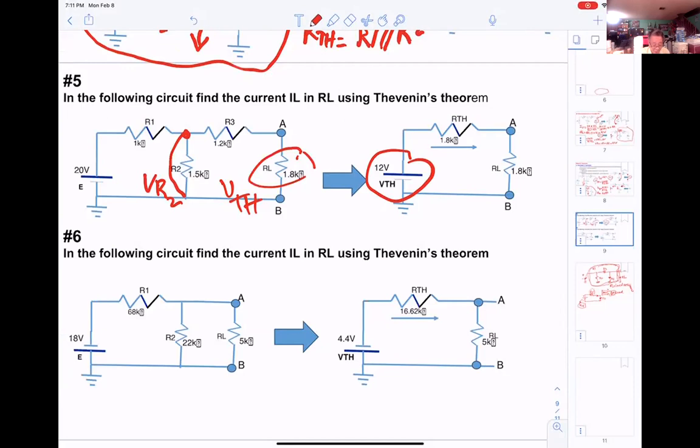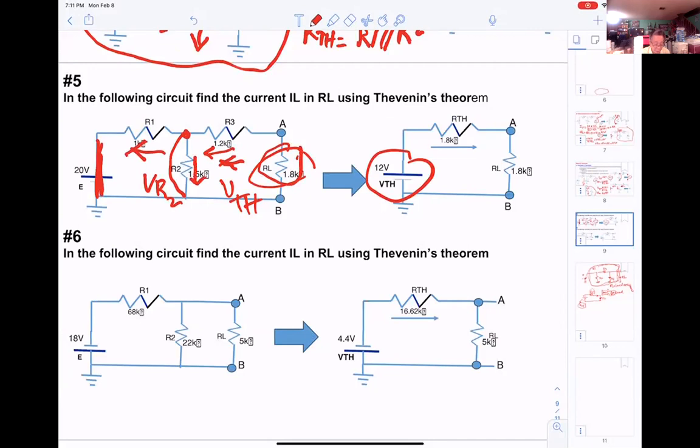Okay? Now if you try to calculate the RThevenin, still open here, and the source must be shorted. And from here you look into it. That means if the current goes here, it will go into R1 and into R2.